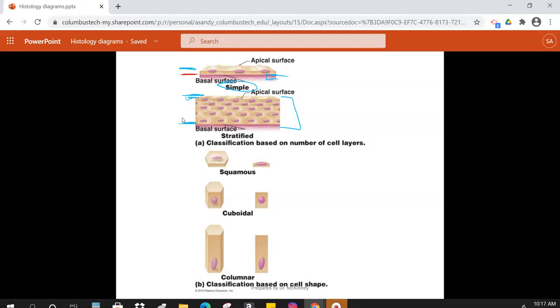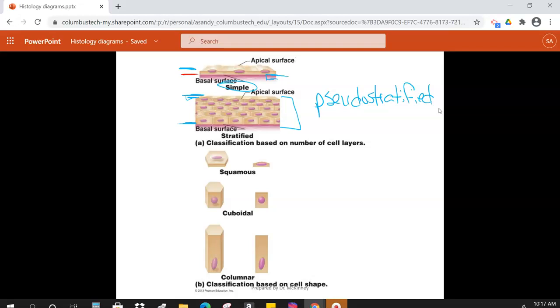Now, what we do not see on this slide is pseudostratified. So pseudostratified appears to be more than one layer of epithelial cells, but there's actually only one layer. If you pick a few different cells, find the apical surface, that free surface, and then follow the cell down to its basal surface, where it's connected to the underlying connective tissue, then you will see that there's actually only one cell layer.